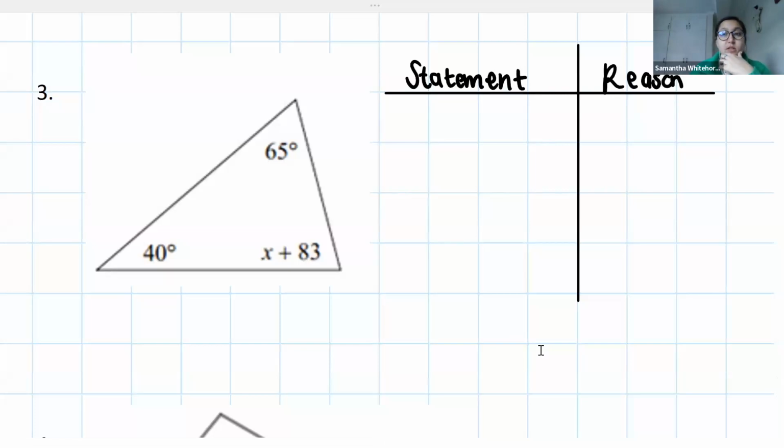Roasting, no, it's not. It's always 180. Use that to solve your equation. If you have questions, put them in the chat.